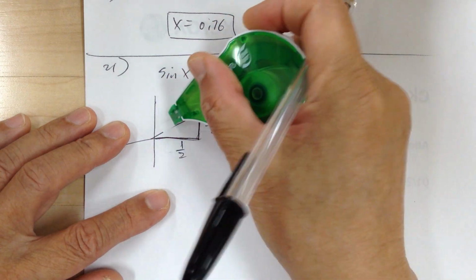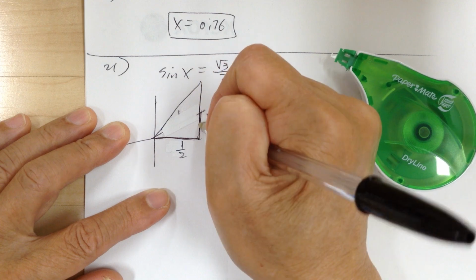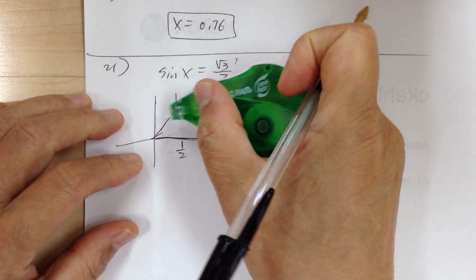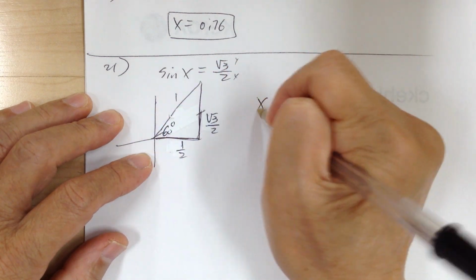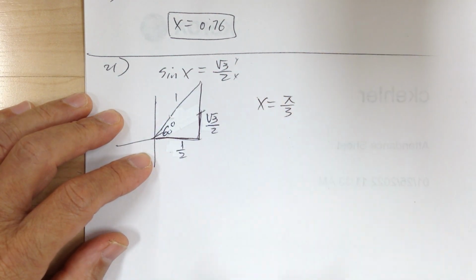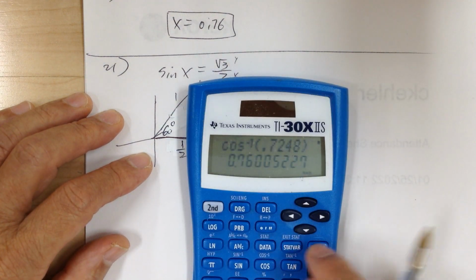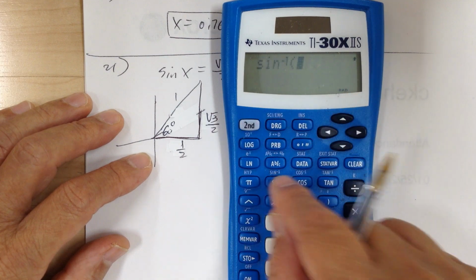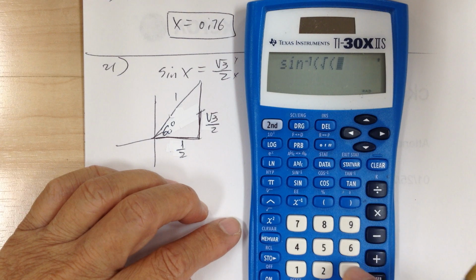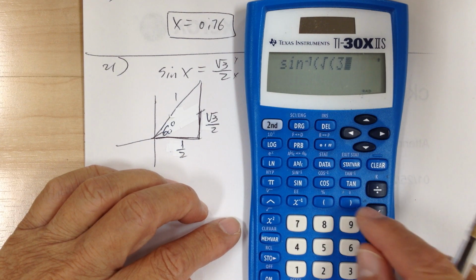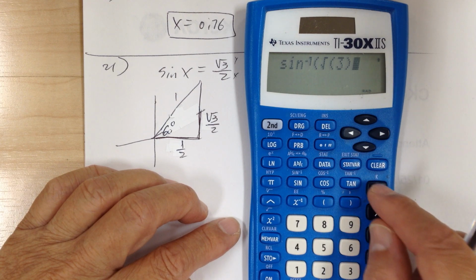So the graph is kind of wrong. It's more like this. You should recognize that this is your 30-60 special triangle, so x will equal pi over 3. Now if you use your calculator, you go second sine of square root of 3, closing parentheses, divide by 2.